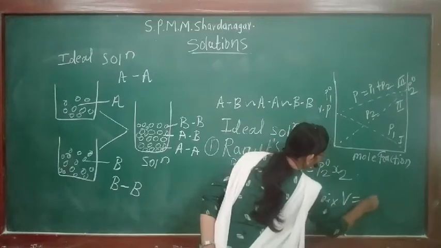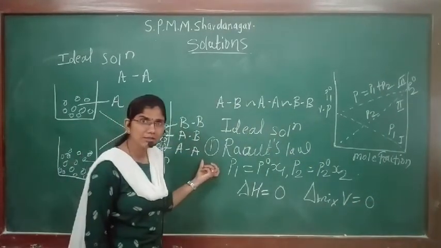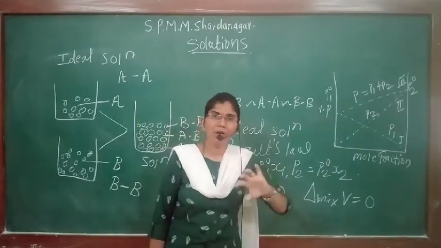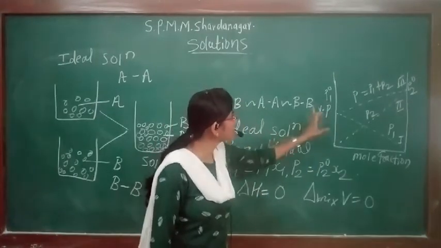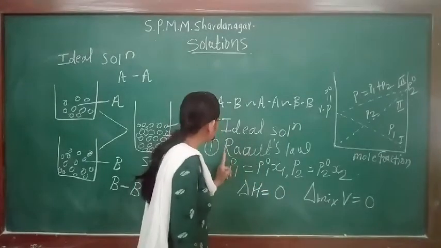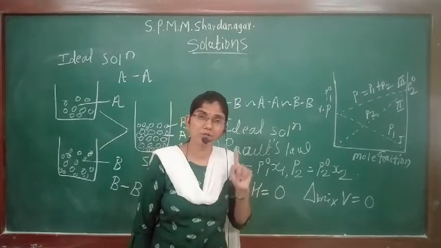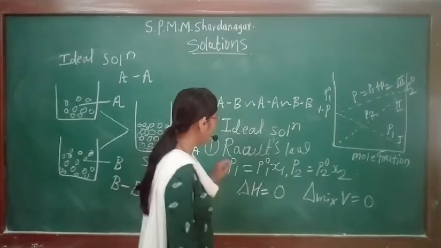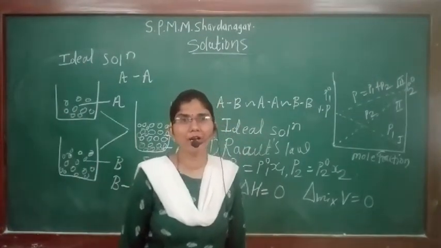Ideal solution means the solution in which the strength of all the interactions is the same. A solution which obeys Raoult's law is called an ideal solution, and no heat is evolved or gained before or after mixing.